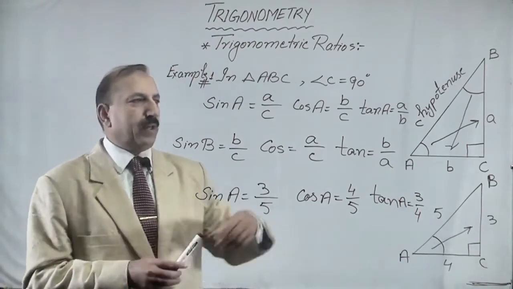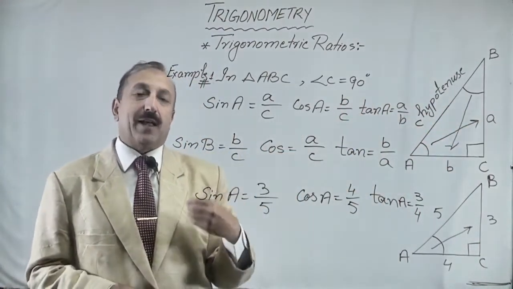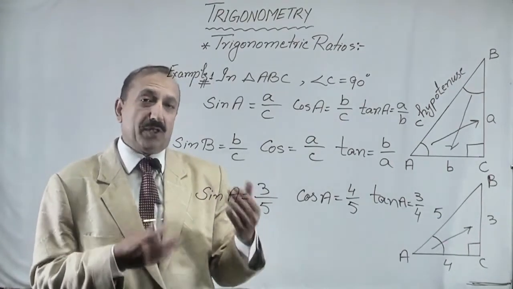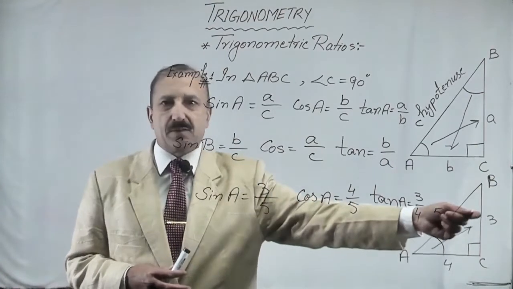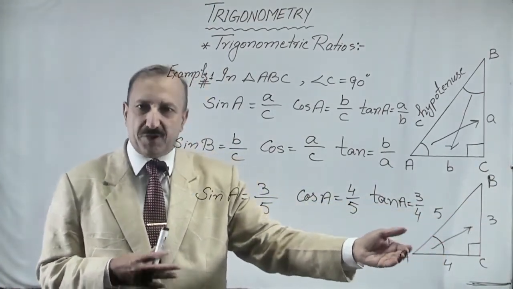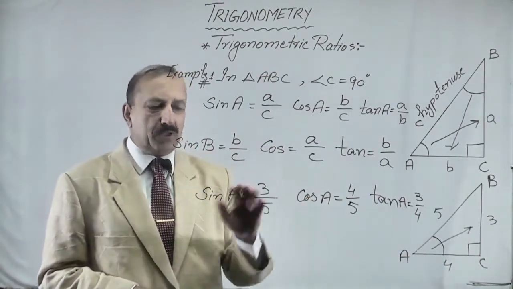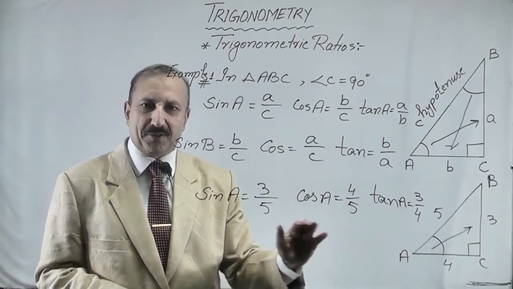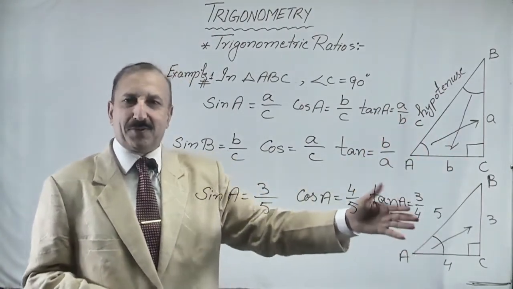So whatever dimension is along the sides, we need to focus on their actual behavior or position. If they are in front of the angle like this, in opposite, we will consider it opposite. The third value will be adjacent. According to their respective side, we will use them in trigonometric ratios. They might be English alphabets, they might be digits, my dear students.